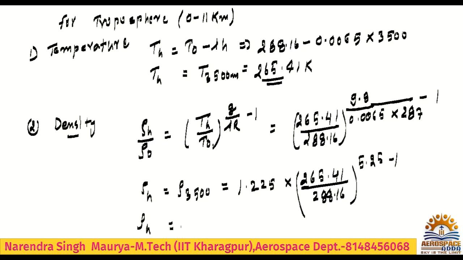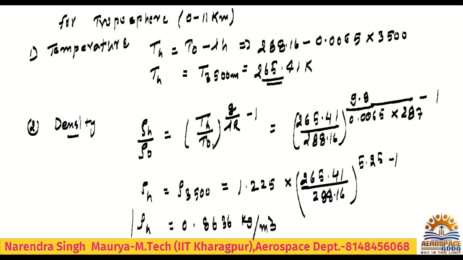Let me calculate this. This is 1.225 into 265.41 divided by 288.16 to the whole power 5.25 minus 1, it is 4.25. So if you do this calculation, this is nothing but 0.8636 kg per meter cube.